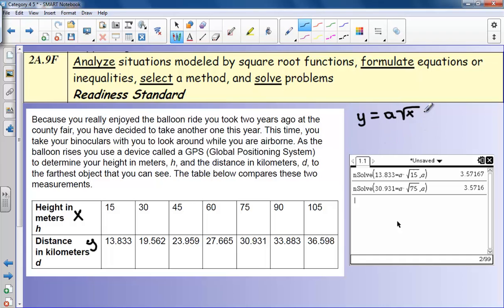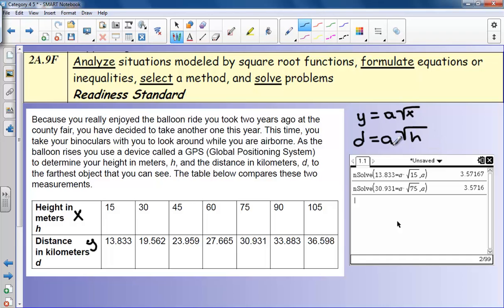So your h and k are both 0 here. So all we really need to find is a in this situation. So I'm going to substitute in the variables that they're using. So the distance is equal to a times the square root of the height, just so that I get things in the right places.